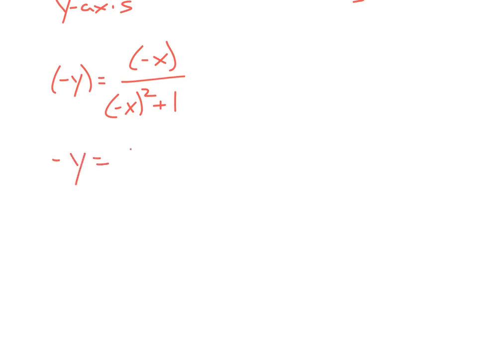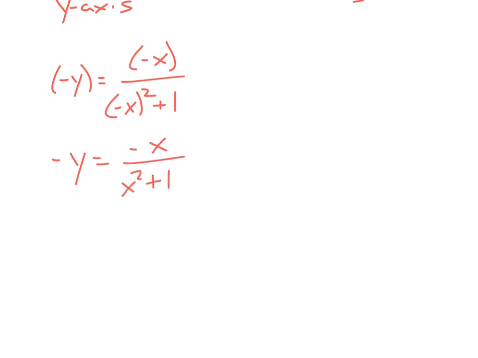Then we would get negative y and negative x over negative x squared plus 1. So it's negative y over here, and then negative x over x squared plus 1.